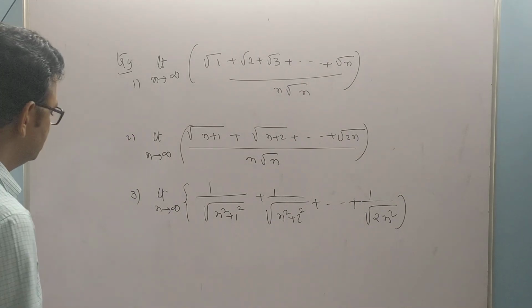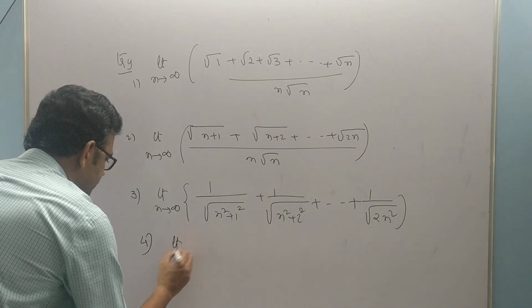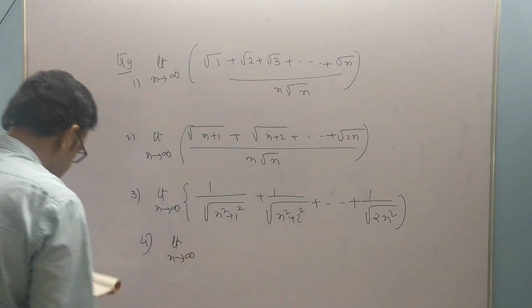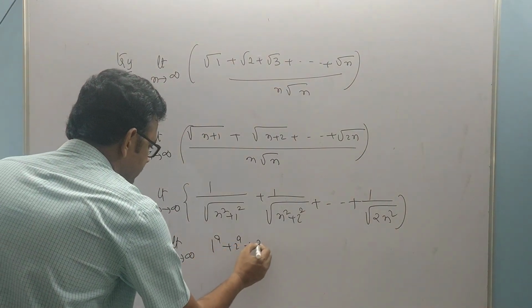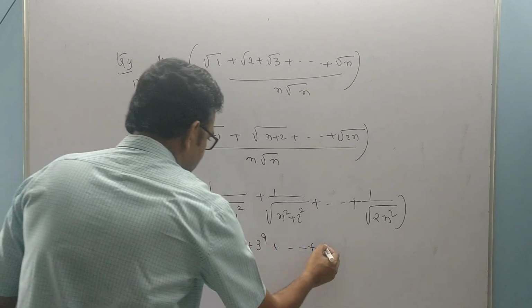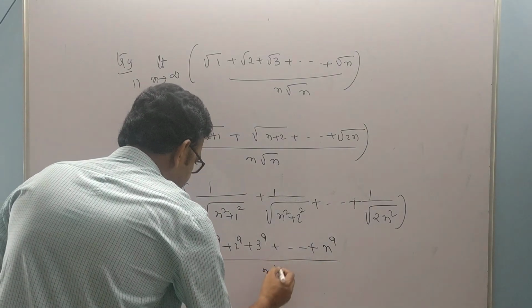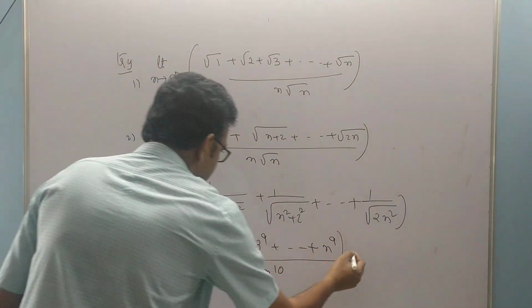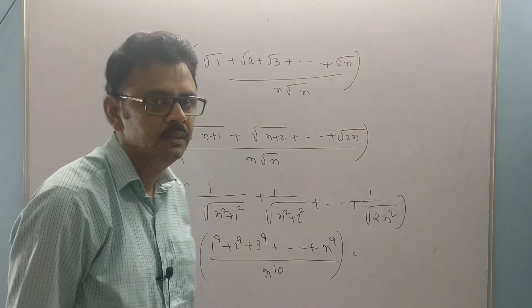These are all the same model. So this is limit of n tends to infinity, 1 power 9 plus 2 power 9 plus 3 power 9 plus and so on n power 9, by n power 10. These are all the same model problems, just try yourself. Okay? Thank you.